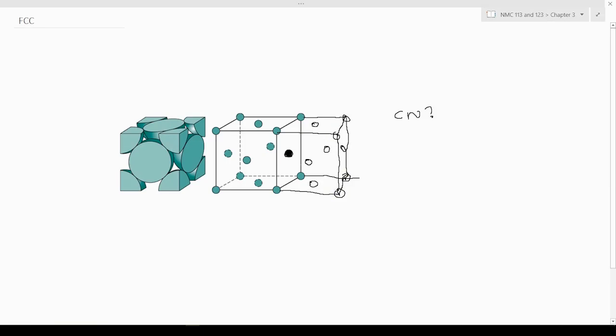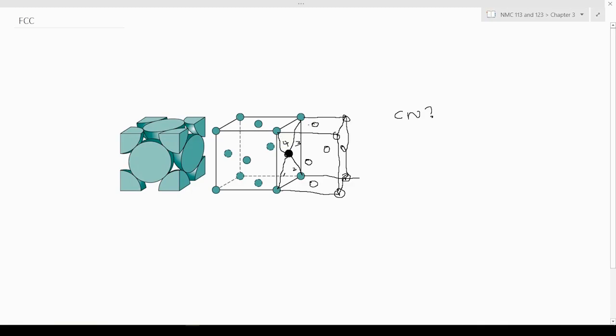Okay, when you're counting the nearest touching atoms, the atoms touching this one, right? This one. So it's 1, 2, 3, 4.